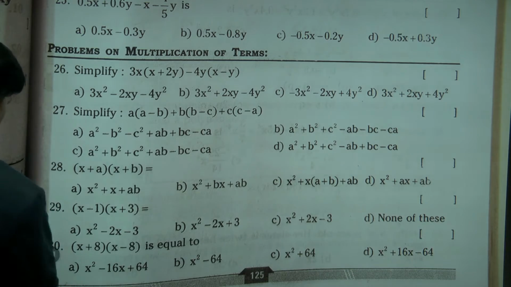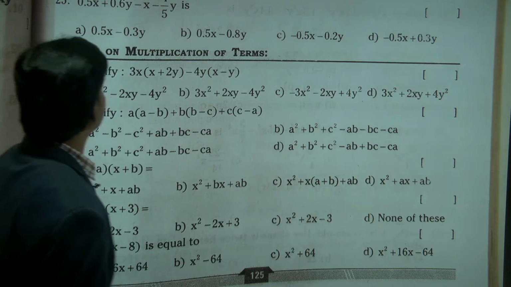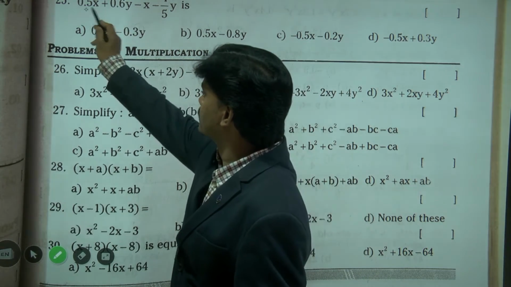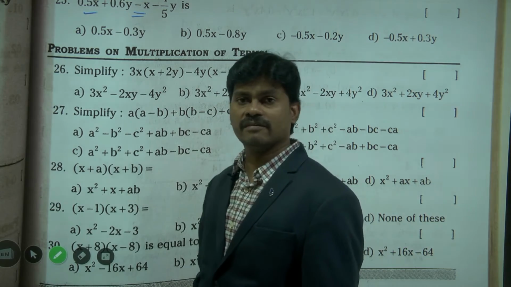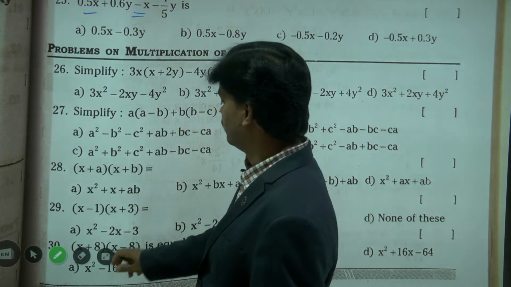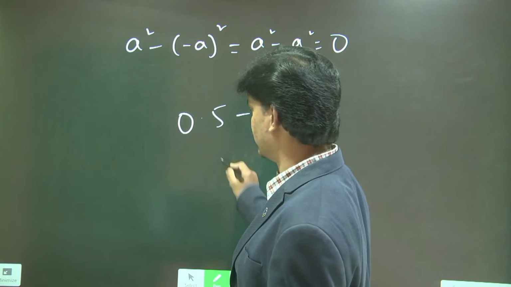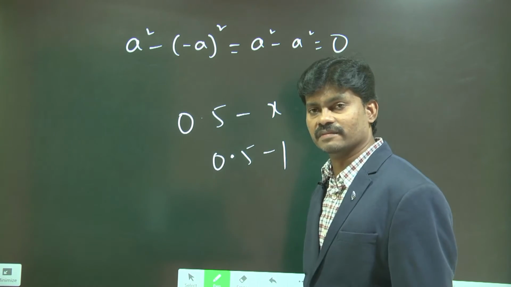Right. Here is the 25th question: 0.5x, 0.65x. Here what are the like terms? 0.5x and x. So 0.5 minus 1, because x in the sense is 1. 0.5 minus 1, how much?